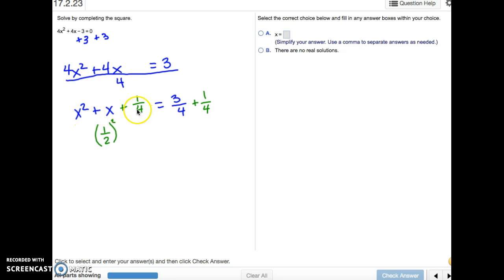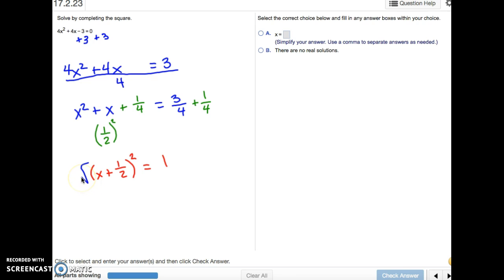So again, I can factor this and write it as a perfect square. Square root of x squared is x. Sign from the middle is plus. Square root of 1/4 is right here, which was 1/2. Square that. And then on the other side, 3/4 plus 1/4 is 4/4, or just 1.